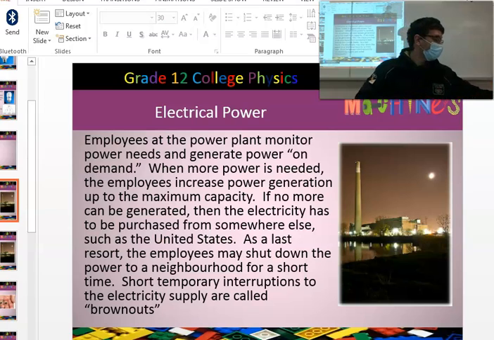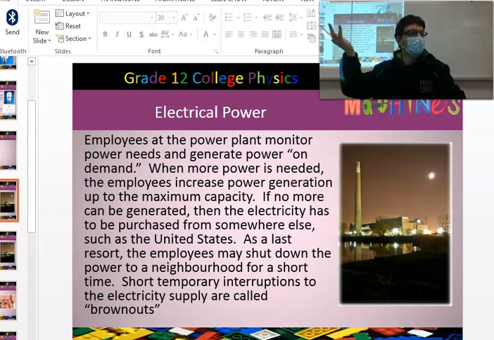Now there are lots of other ideas that people have come up with to try and store energy, such as using leftover energy to, say, lift something, which then can be dropped later and converted back into electrical energy. But again, nothing is very efficient or good enough to use on a big enough scale.